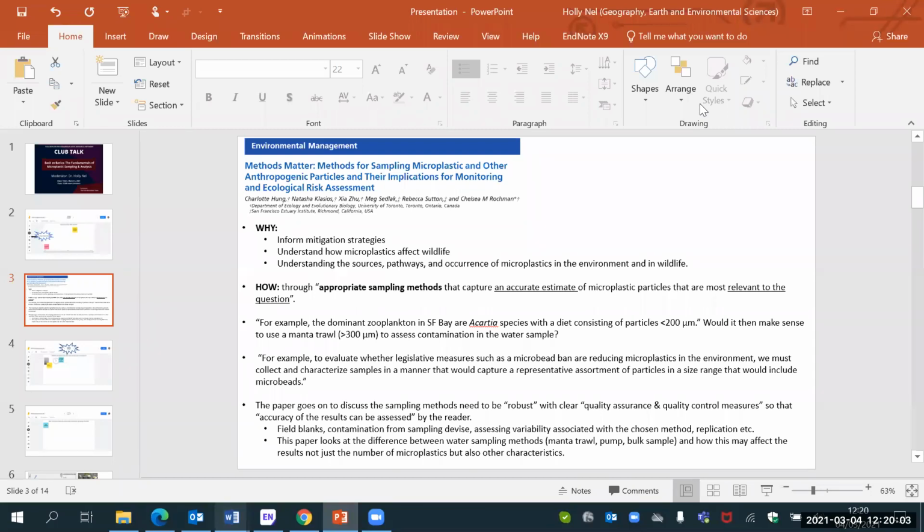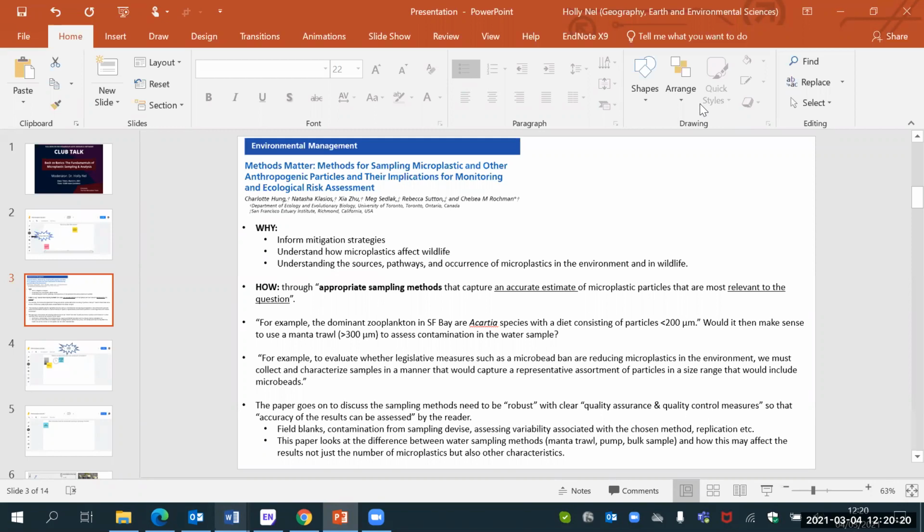The other example, which was really nice because it brings up to the why, was recently in America and the UK, and not so much in other parts of the world, like South Africa, but there's been these microbead bans.